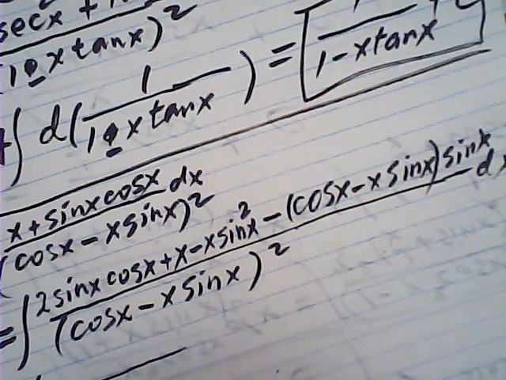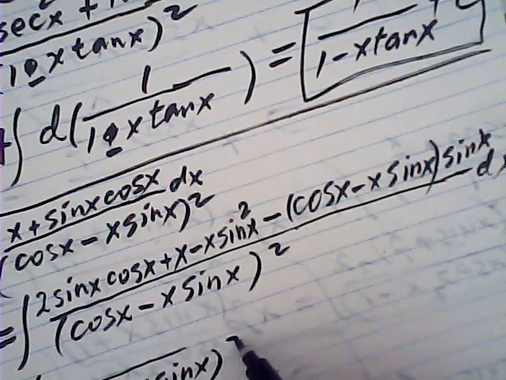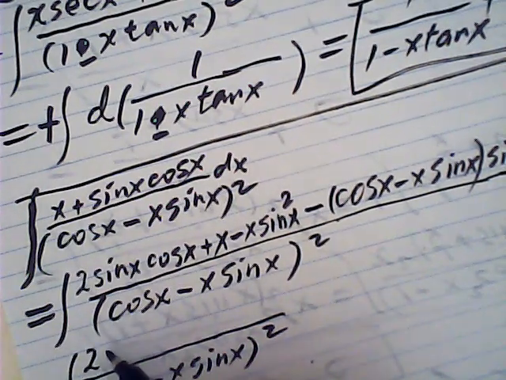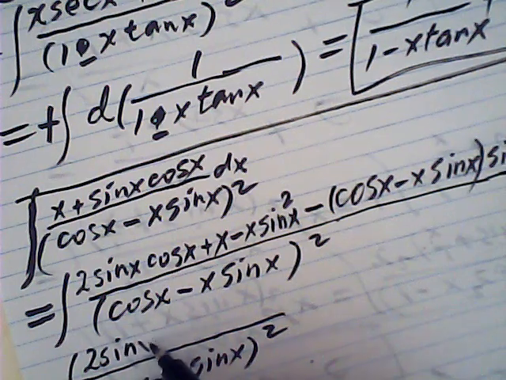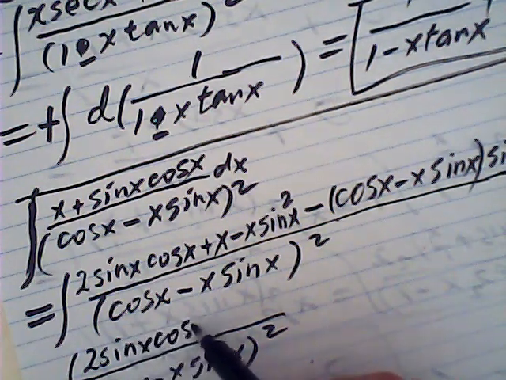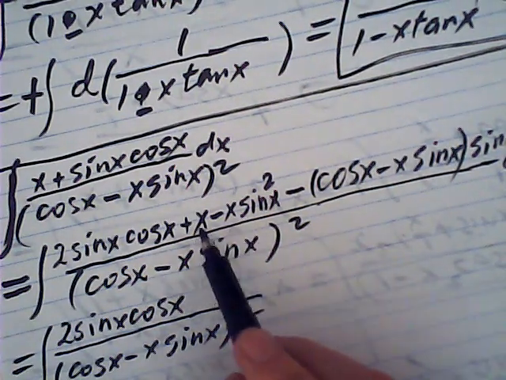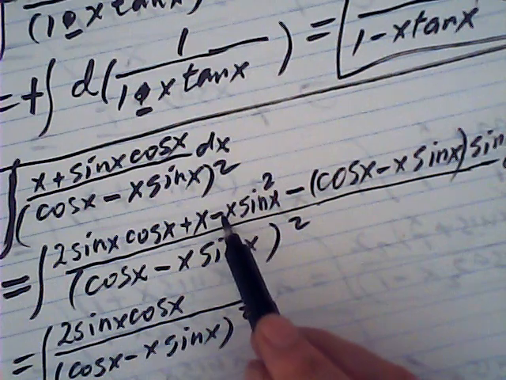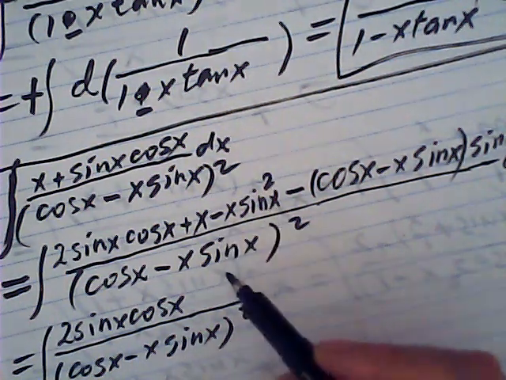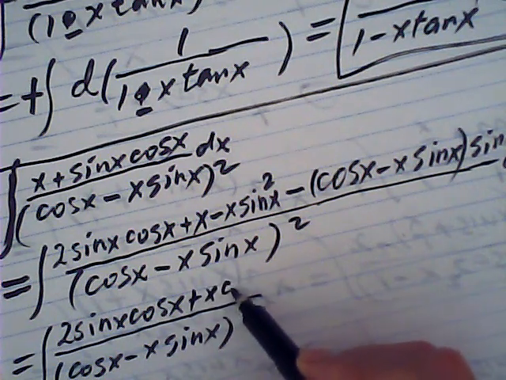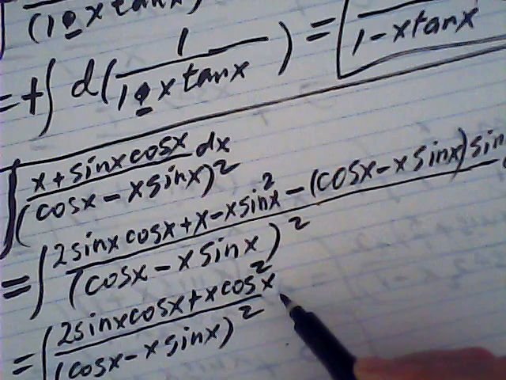I have two integrals. One is cosine x minus x sine x squared and 2 sine x cosine x. This I have a common factor x, and 1 minus sine squared is a cosine squared, so it becomes x cosine squared, right?